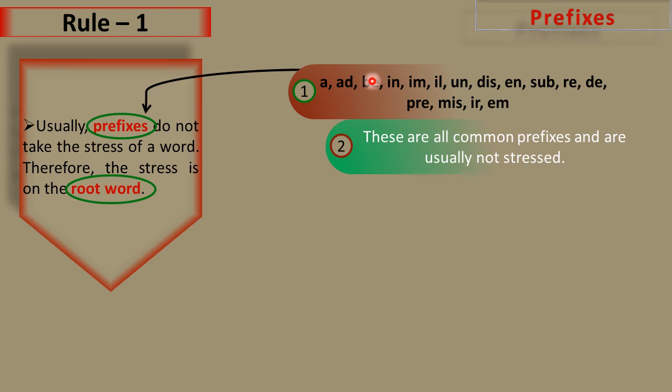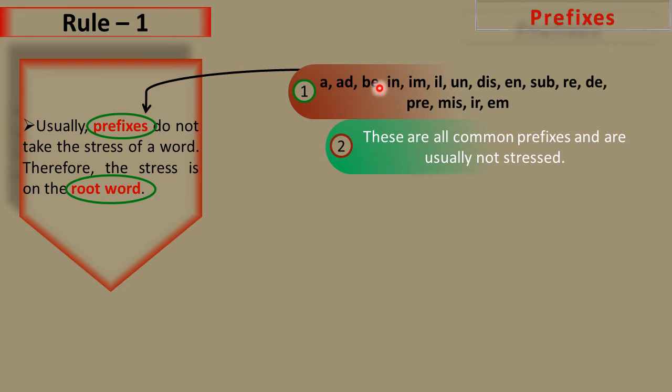With the same prefix, you can form a number of words. For example, before, behind, beyond. All these words are formed with the help of only one prefix, that is be, and that is the reason why this is said to be a common prefix, and also it is said to be a weak prefix because it has only two letters.